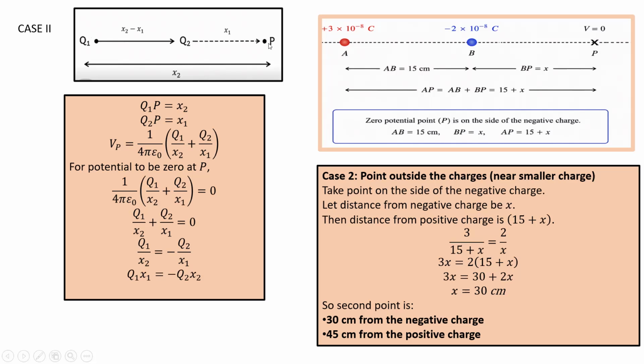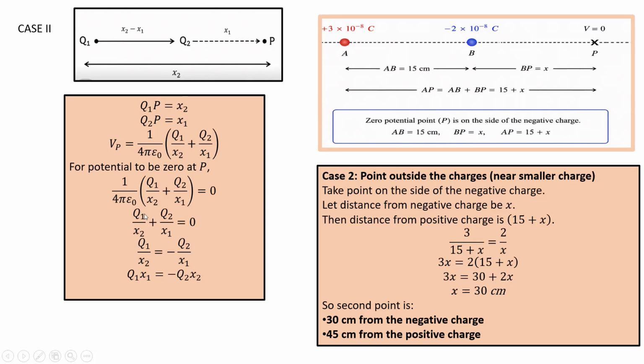This is my assumption. Now, let us take Q1P equal to X2 and Q2P equal to X1. Suppose potential at point P equals 0, then the equation becomes 1 by 4 pi epsilon naught, Q1 divided by X2 plus Q2 divided by X1. For potential to be 0 at point P, Vp is 0.